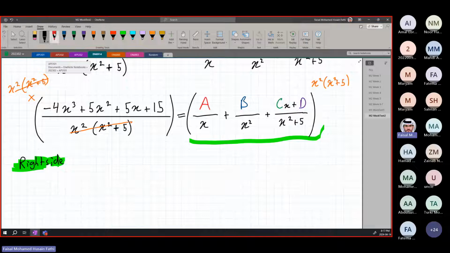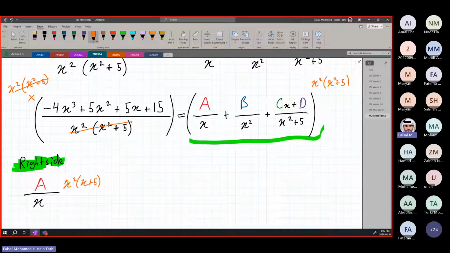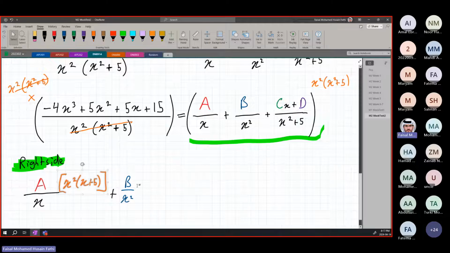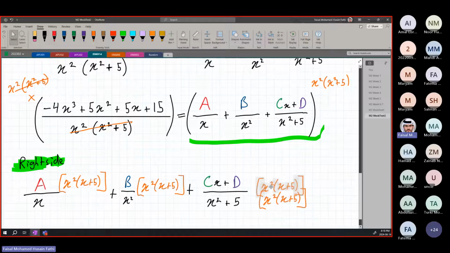If we distribute this over all of them, it's going to be A over x times x squared plus 5, plus B over x squared times, again, the same thing, x squared plus 5, plus, again, C over x squared, plus Cx plus D over x squared plus 5. And again, this is multiplied by x squared times x plus 5.